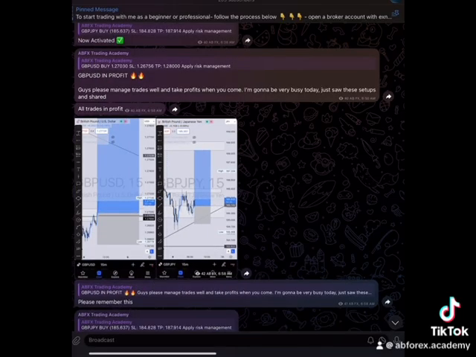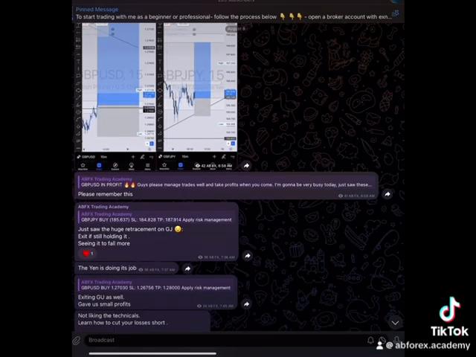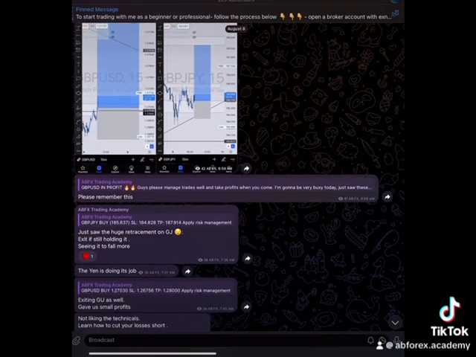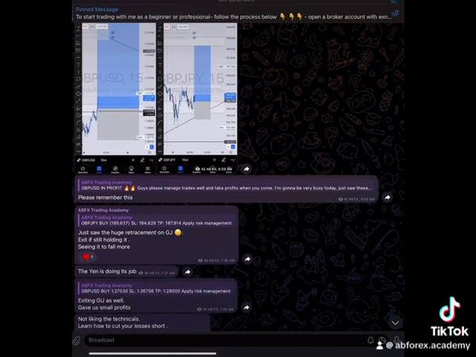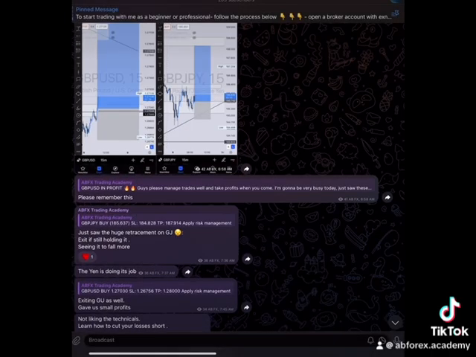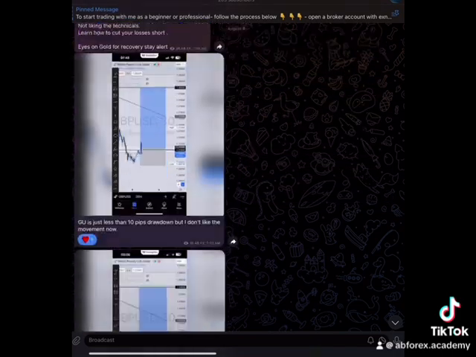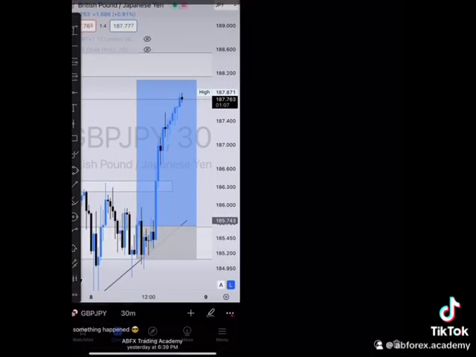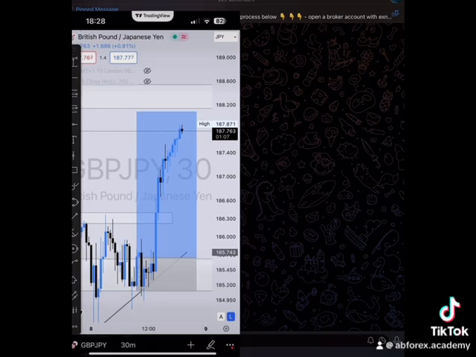Some people took some profit, but I said, okay, exit GBPJPY if you're still holding, because I saw it falling more. When I started seeing the rejection, I was expecting it to fall. That's the understanding of candlesticks, right? And then this is what finally happened at the end. So it played out perfectly, right?